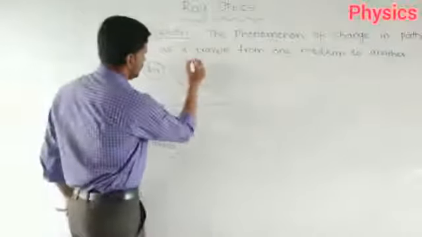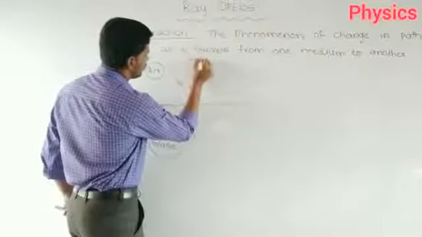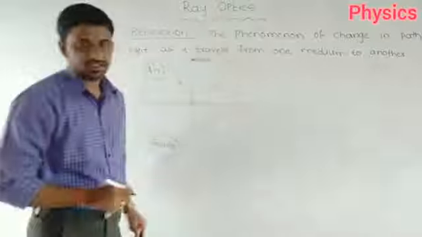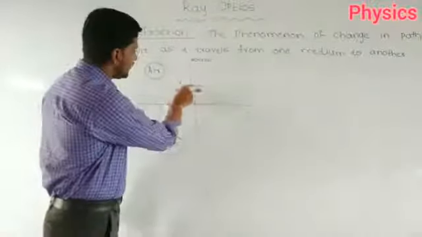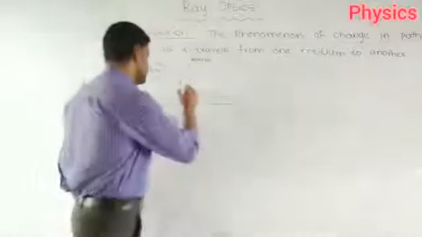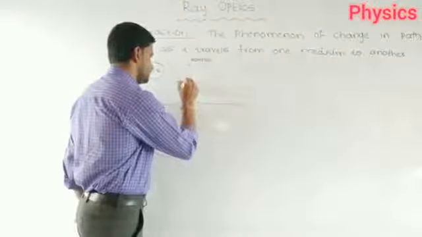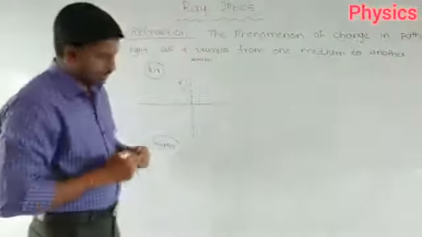This is the normal. This normal is drawn to get the angle of incidence. We know that the angle between the incident ray and the normal is called the angle of incidence. This is i. This is the angle of incidence.